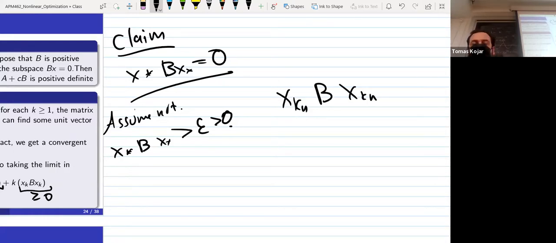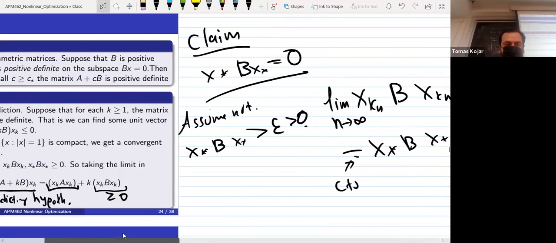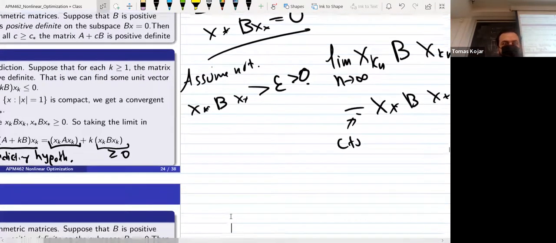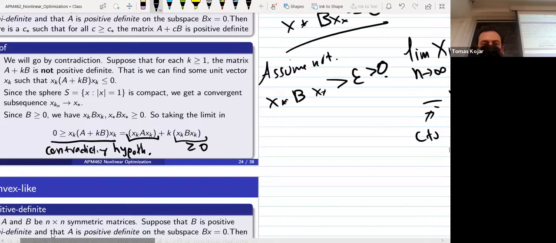When you take their limit, by continuity, you get x star B x star bigger than epsilon. But then if you look at this crazy looking guy, what happens when I take the limit of this function?